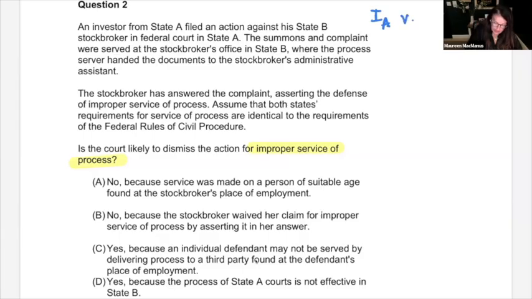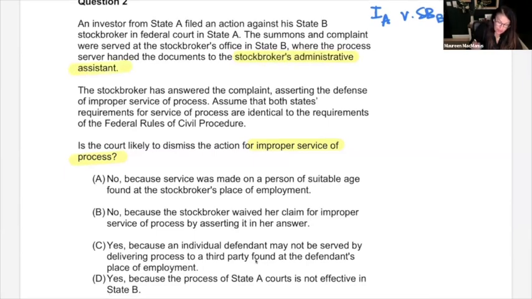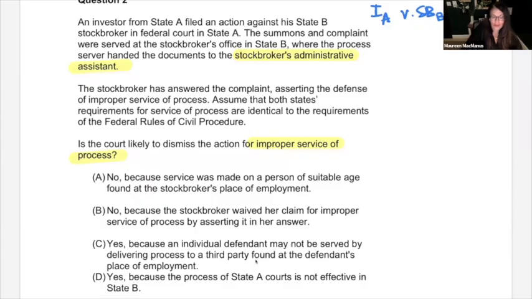Investor from state A filed an action against his stockbroker, who's from state B, in federal court in state A. The summons and complaint were served at the stockbroker's office in state B, where the process server handed the documents to the stockbroker's administrative assistant. All right, so that's improper. That is absolutely improper service right there.